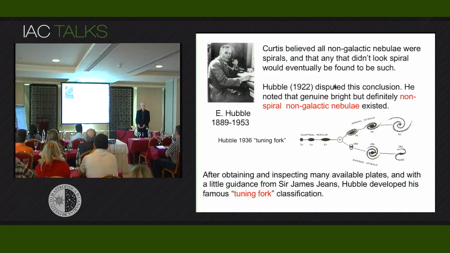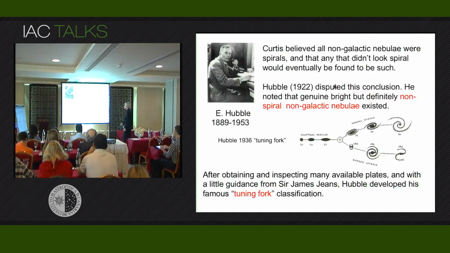Hubble disputed that conclusion. He said, there are genuine bright galaxies that are not spiral. No matter how big your telescope is going to be, you're not going to see spiral arms in them. And so there's the recognition that there are objects which are spiral and aren't, and they're both the same kinds of objects. They're both these non-galactic nebulae.